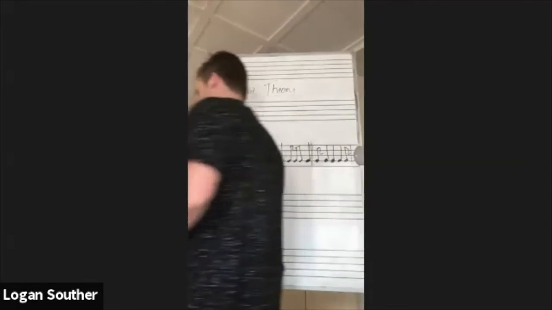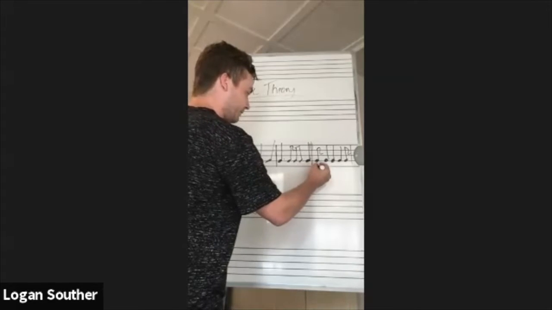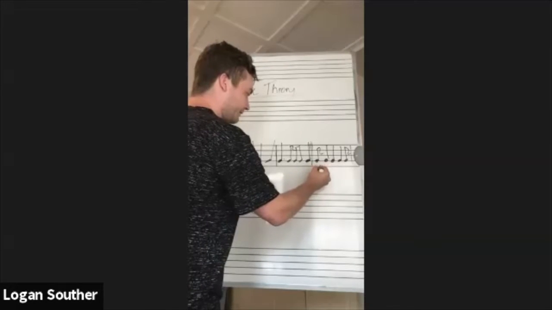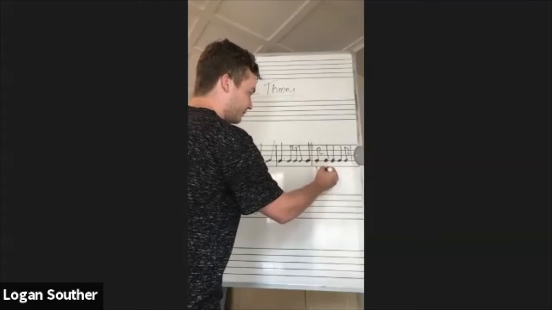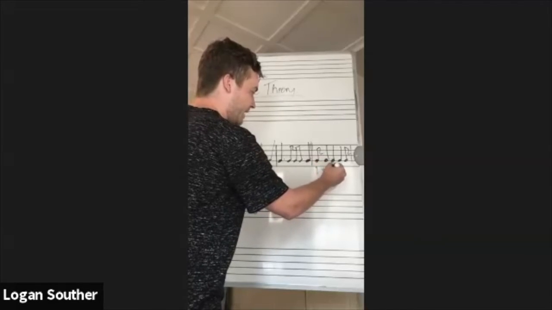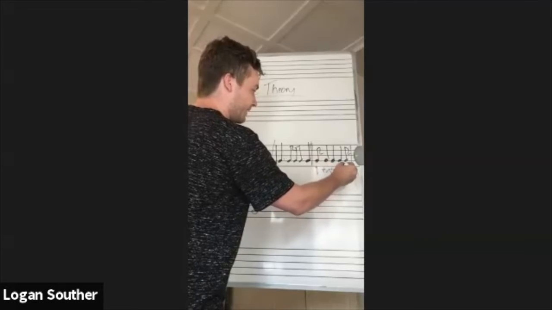Take a second to think about how you would count that if you were counting and clapping. How would you count that measure with the syncopations? So that eighth note counts for 1. It's 1 eighth note, so that gets just the 1. And is right here. 1 and 2 and 3 and 4 and.